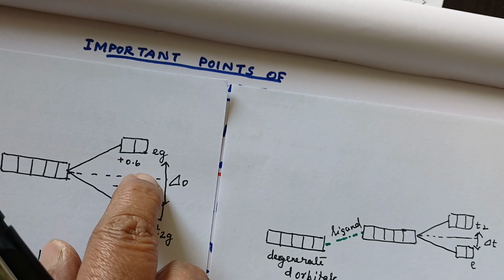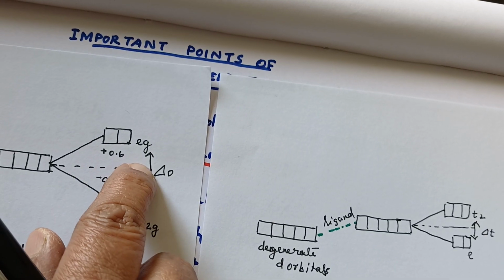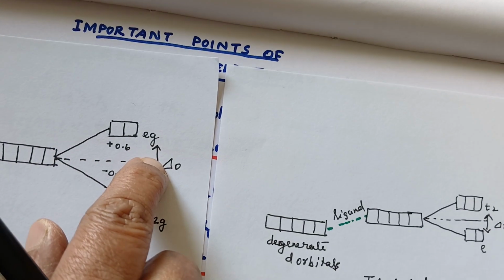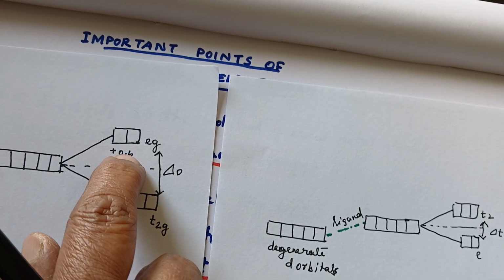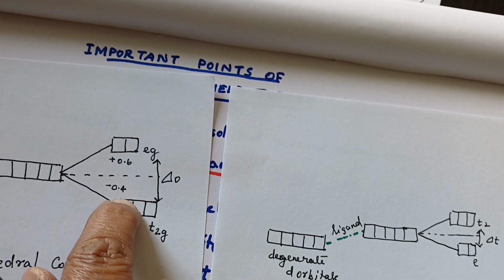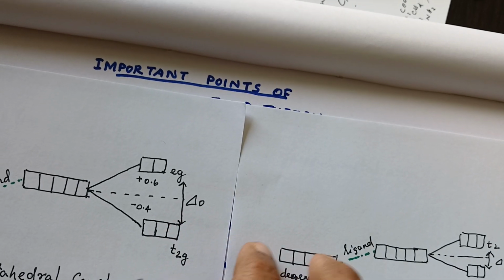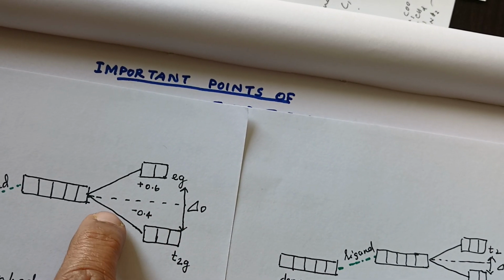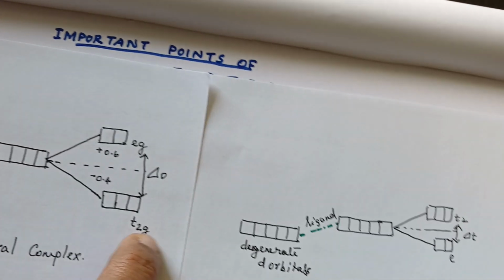The quantities above it are positive, and those below it are negative. And this is delta O, the energy gap between the eg and t2g sets.